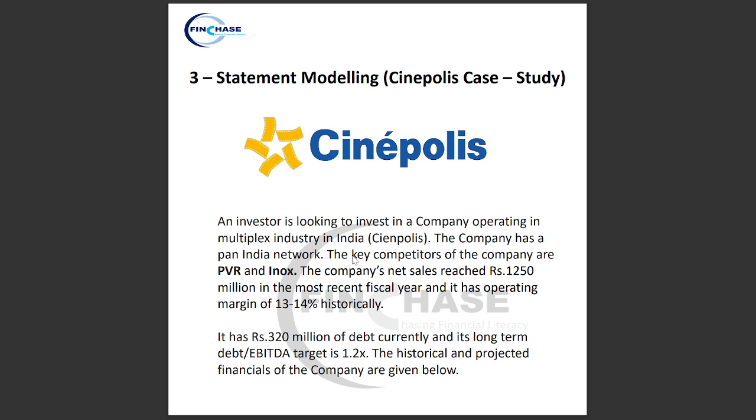And Cinepolis is also, but before that PVR and Inox are the major players, right? So investor also told us कि उन्होंने ये भी बता दिया कि जो competitors हैं Cinepolis के वो PVR and Inox हैं. Now think like why investor or why the case study has given to us this information कि वो PVR और Inox हमारे competitor हैं.